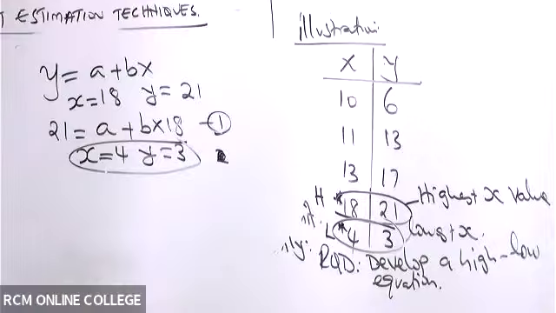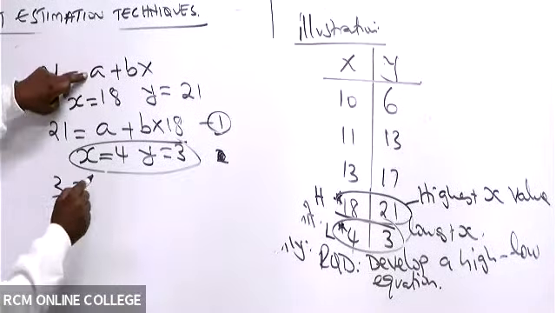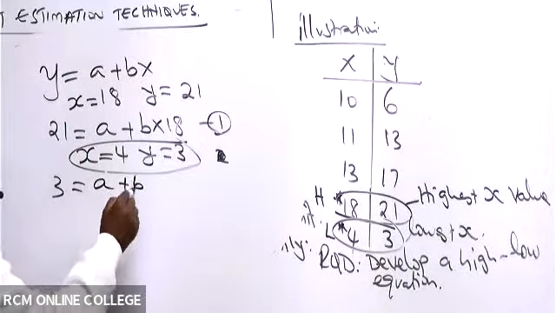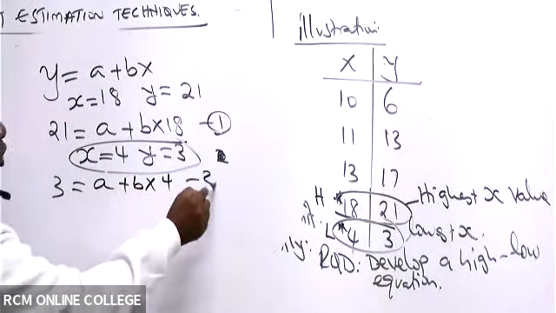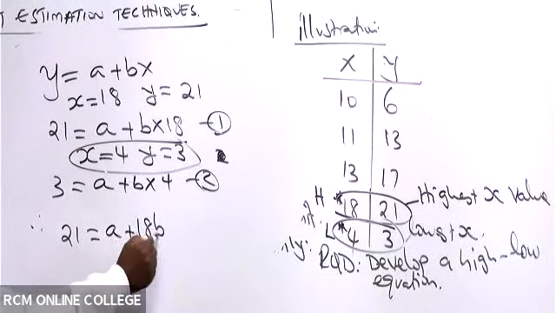So the second equation, remember, I'm plugging into the general form. My y is 3, so 3 equals a plus bx, and x is 4, so b times 4. This is equation number 2. So it will be 21 equals a plus 18b, equation number 1.